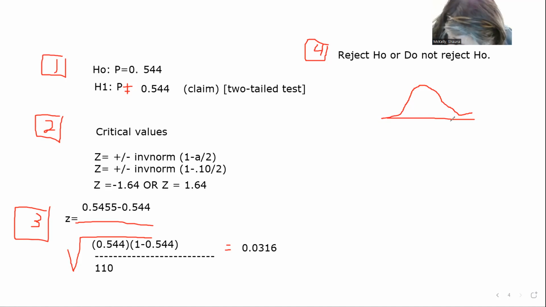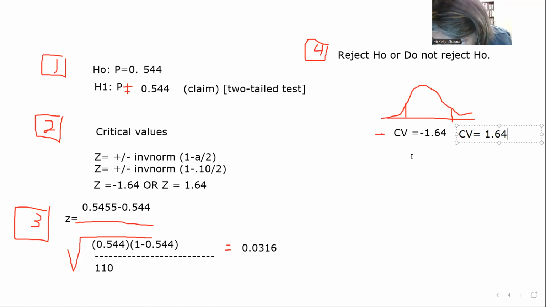Now, my test statistic is 0.0316. On one side, the critical value is negative 1.64, and on the other side, the critical value is 1.64.